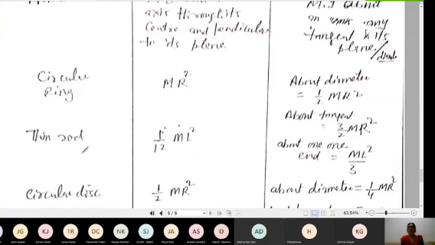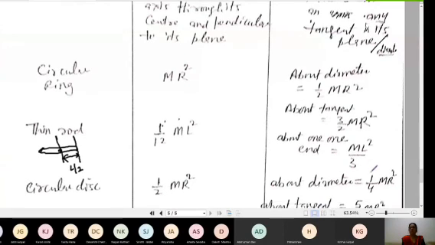Like for a thin rod, if I am given the value passing through its center, that is 1 by 12 ml square, and I want to find it about one end, then this distance will be L by 2. So 1 by 12 ml square plus m into L by 2 whole square, and you can work it out. About one of its ends, you get ml square by 3.